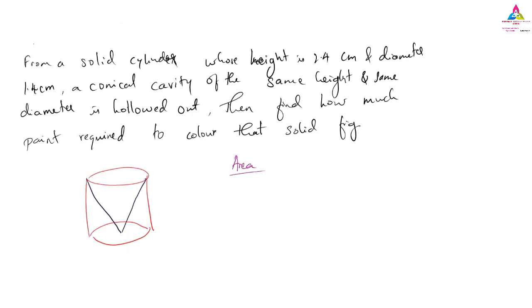If you support her, just raise your hand so I can understand. No problem. Yes, it is the area only, because it is given that paint is required to color that solid figure. They have given solid. So here it is the area only, because we are going to paint it.